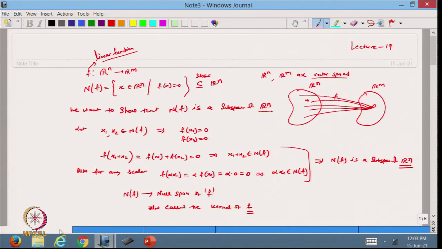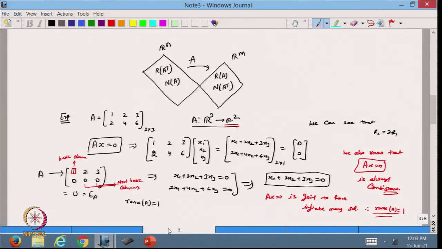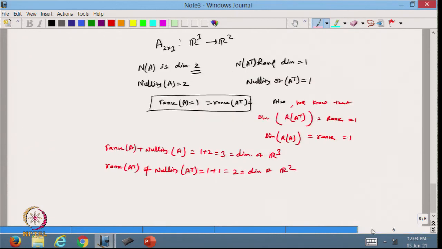So, the picture I have made is this one. So, from here you can see that in this case my rank is 1 and the nullity is 2, because this will be the same. So, it is 1 plus 2 is 3.